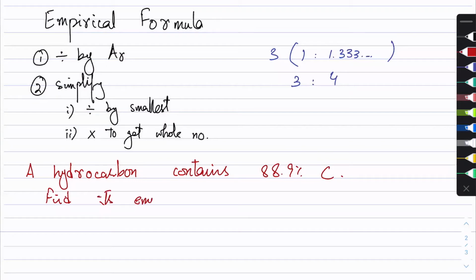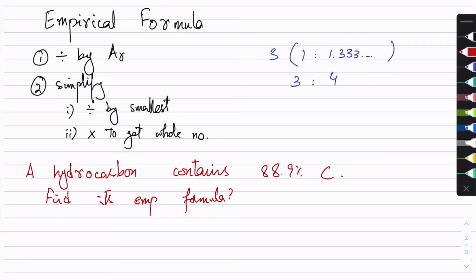Oh, sorry, empirical formula. A problem is that it didn't tell us the 100%. It told us that carbon is 88.9. So how much will the hydrogen be? The remaining is going to be hydrogen, right? That is the important thing: in a hydrocarbon, hydrogen is the remaining thing.